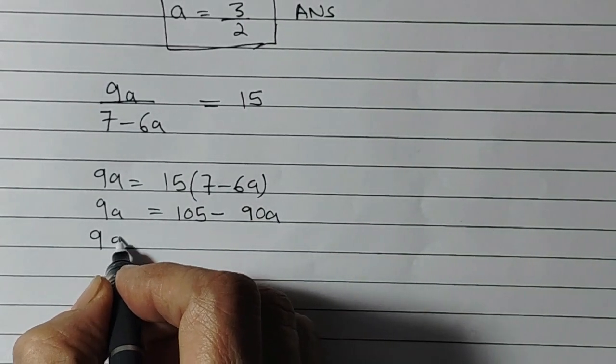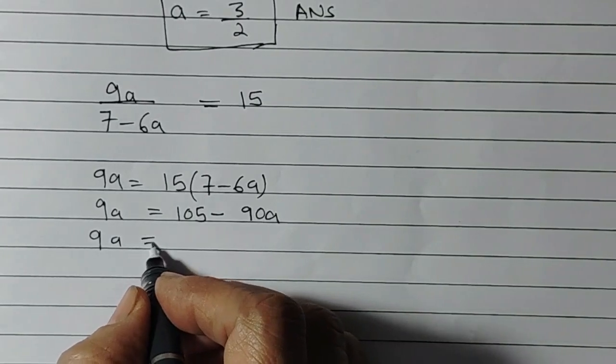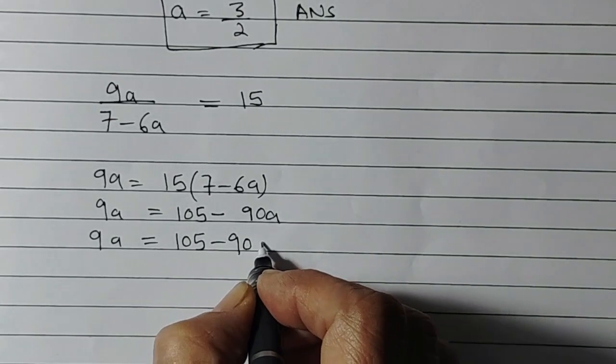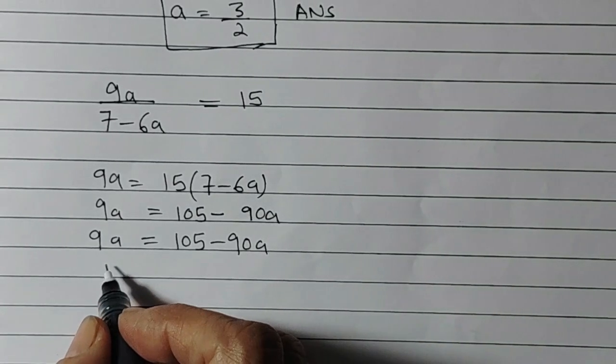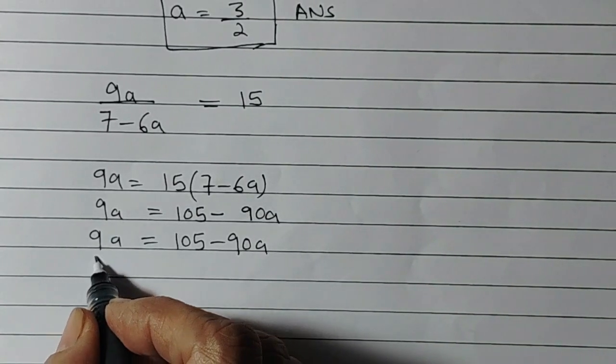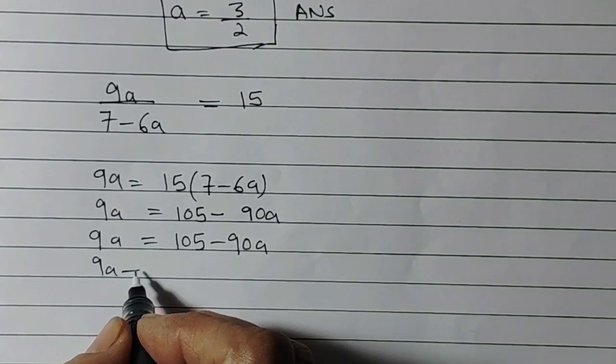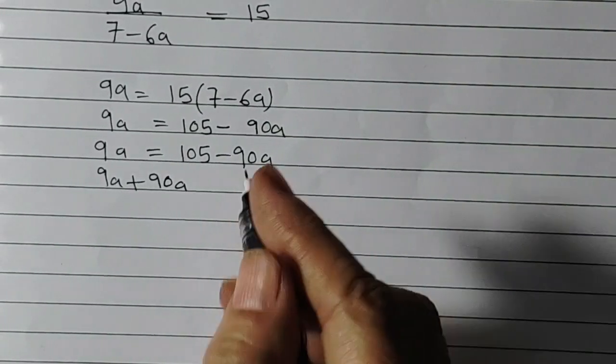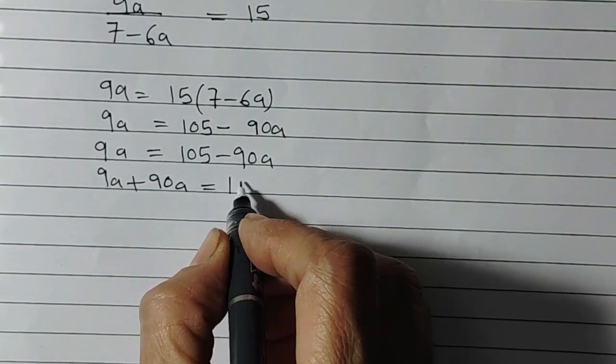Now 9A is equal to 105 minus 90A. 9A plus 90A is equal to 105.